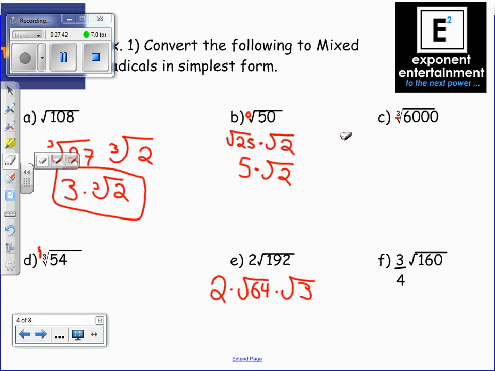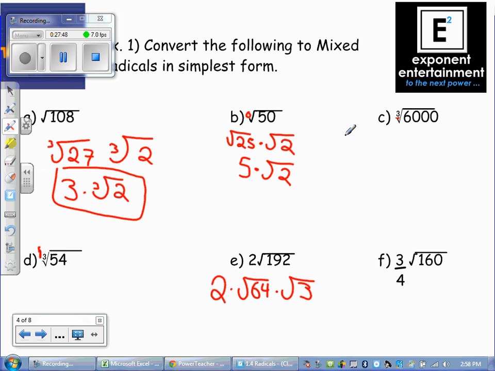Okay. So which chart do we look at? Ladies and gentlemen. Which chart do we look at? The squared chart. What's the largest number that goes into 160 from the squared chart? 10 on our squared chart. Not just a guessing game.